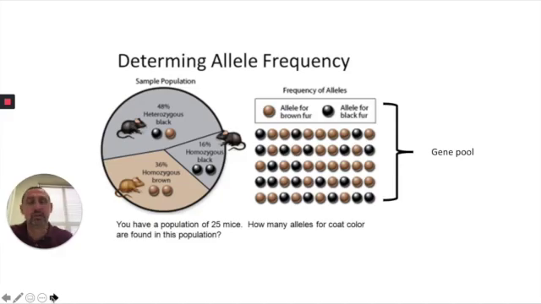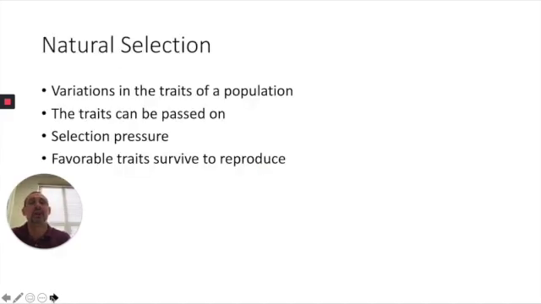So let's look at these four principles then. The first principle is that there's some variation in the population. In the case we looked at, we have mice with brown fur, we have the mice with the black fur. There's also an importance that the trait can be passed on, because if it can't be passed on, then it doesn't do any good in the population. The third is that there's some selection pressure.